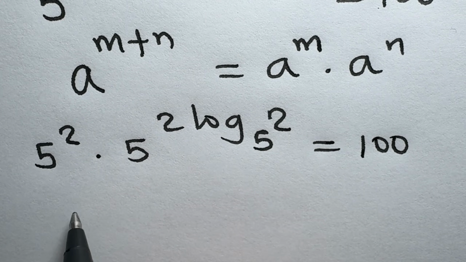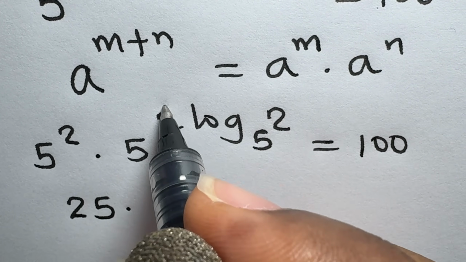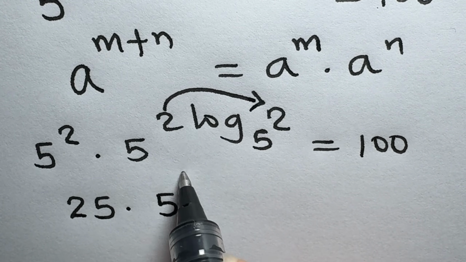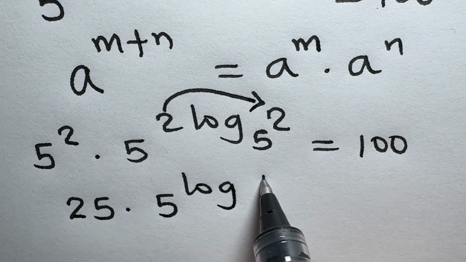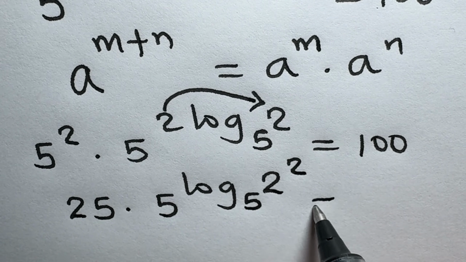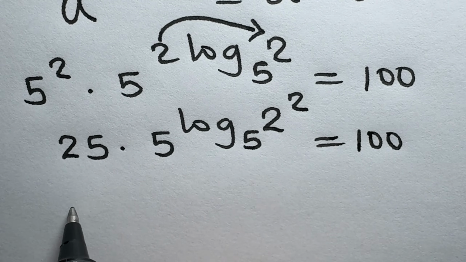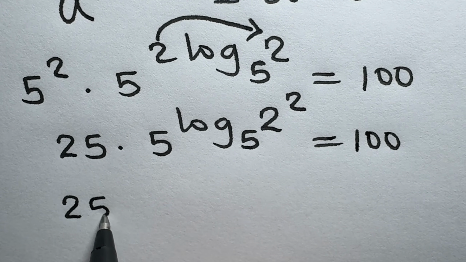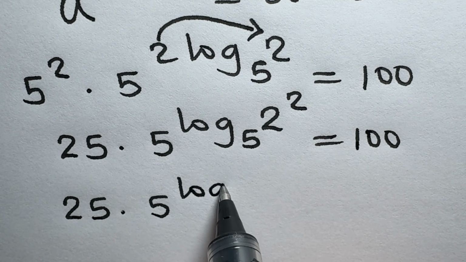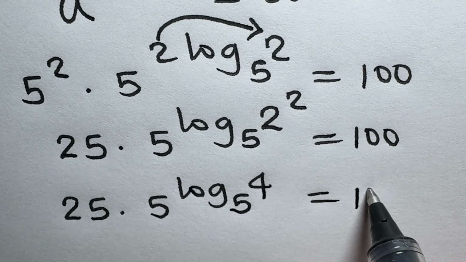Then this is 25 times, if this goes all the way here, this will be 5 raised to power log 2 raised to power 2 base 5 is equal to 100. So we have 25 times 5 raised to power log 4 base 5 is equal to 100.